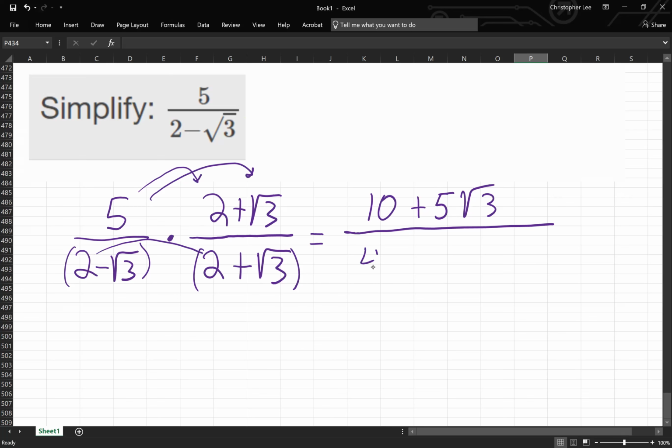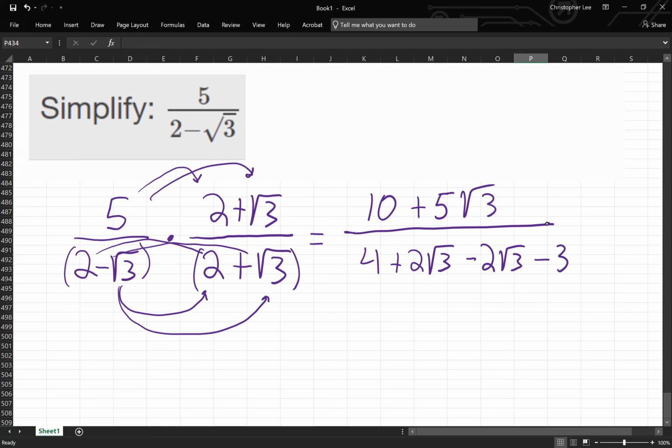That's going to be 4. 2 times square root 3, that's going to be plus 2 square root 3. Negative square root 3 times 2 is going to give me a negative 2 square root 3. And then negative square root 3 times positive square root 3 will just give me a negative 3. If you want to go through it, it's technically negative square root 9, and then the square root of 9 is 3.